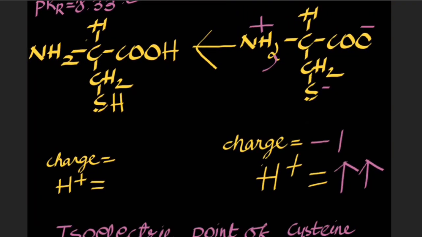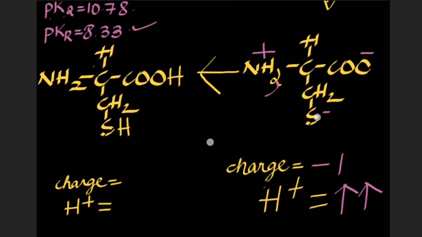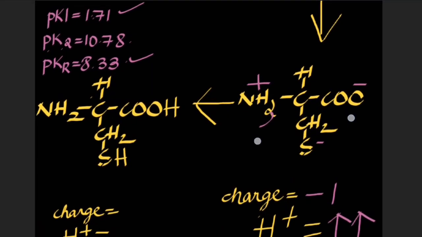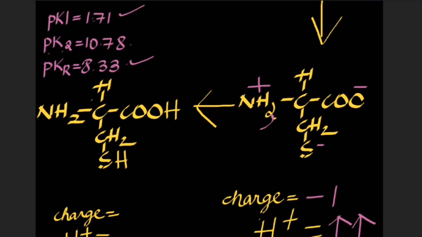Now let us move forward to the last one. So now we already have a COOH which has lost its hydrogen ion. We already have a thiol group which has also lost its hydrogen ion. And then now the pK2 value will be there.